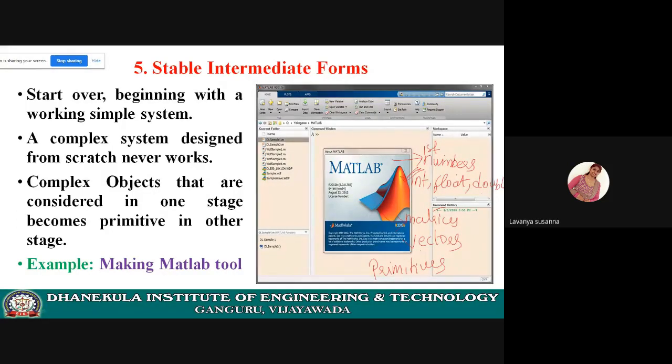This is a very important point. Objects that are considered complex in one stage become primitive objects in another stage. This is just a simple example. I hope you understood.